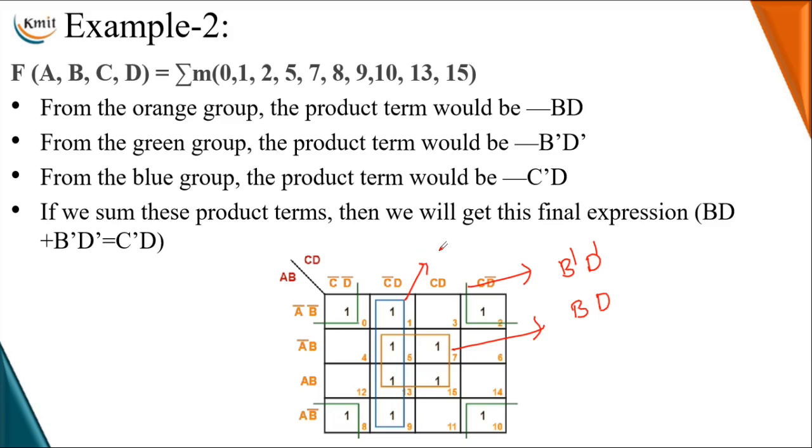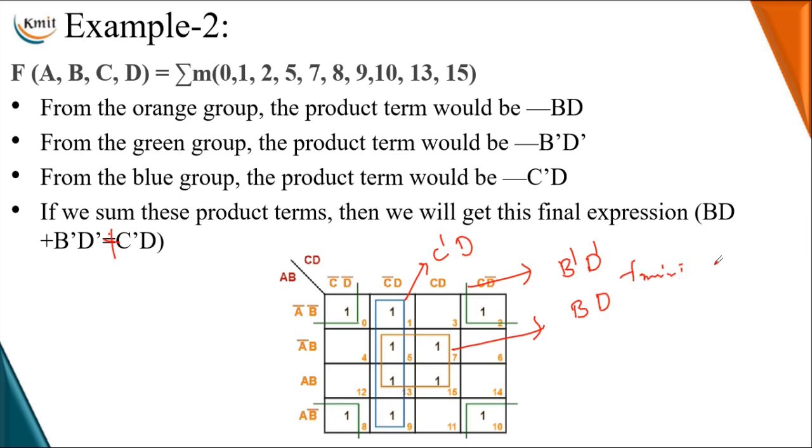This belongs to the third group, which is the blue group. We have indicated the groups with colors to separate them. Now this blue group gives the minimal expression C bar D. So the final expression is the addition of all the group terms.